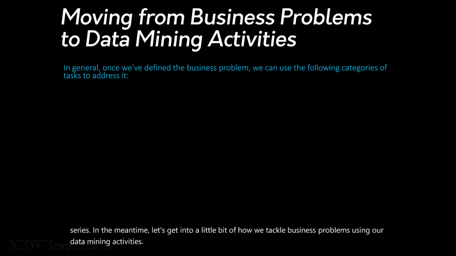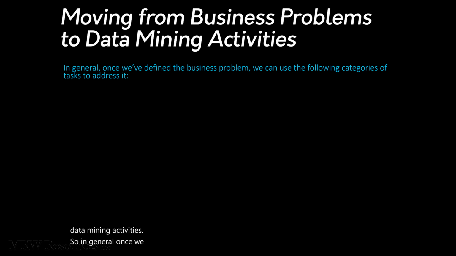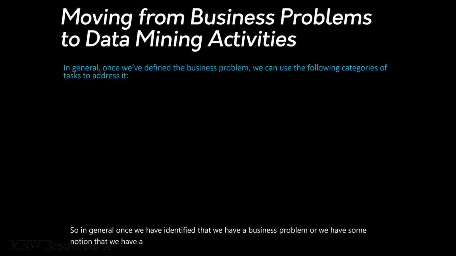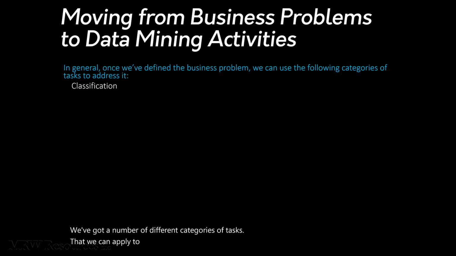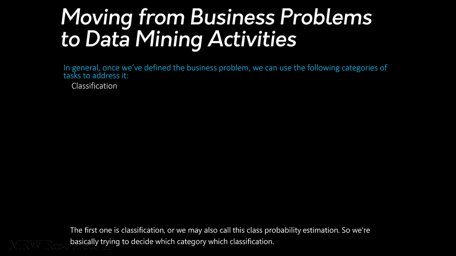In general, once we have identified that we have a business problem, or some notion that we have a business problem that we'd like to solve, we've got a number of different categories of tasks that we can apply to it. The first one is classification, or what we may also call class probability estimation. We're basically trying to decide which category, which classification each instance belongs to.